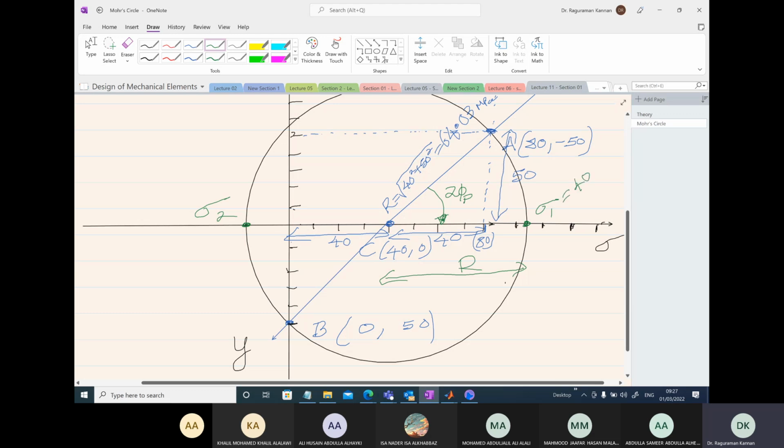So 40 plus r gives me the value of sigma 1. Sigma 2 is nothing but the total distance here, okay, is r and 40. 40 minus r will give me this value.